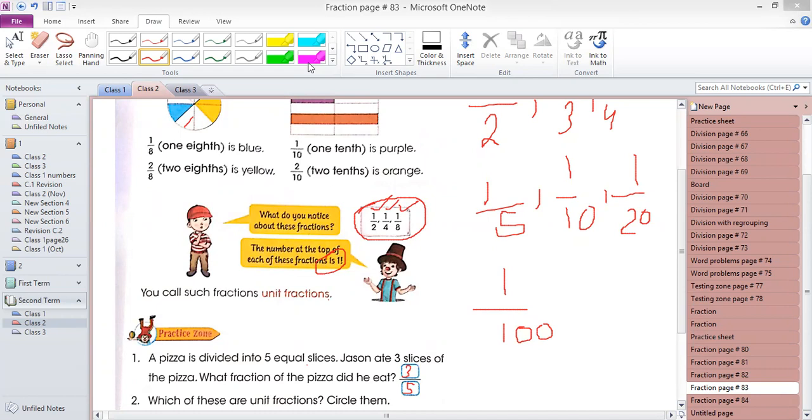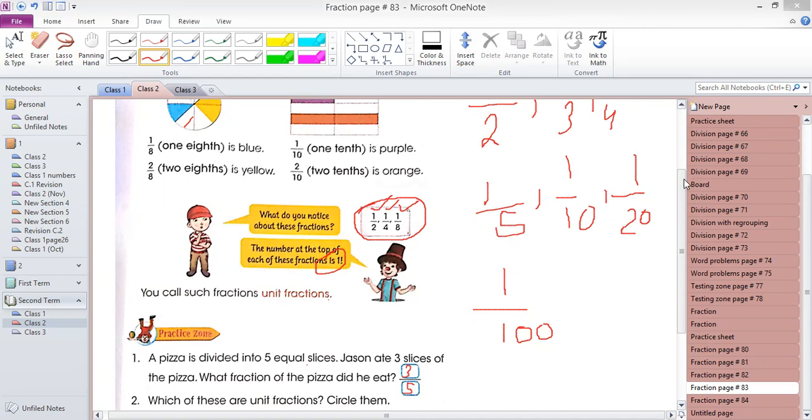So repeat with me: unit fractions always have 1 in the numerator.